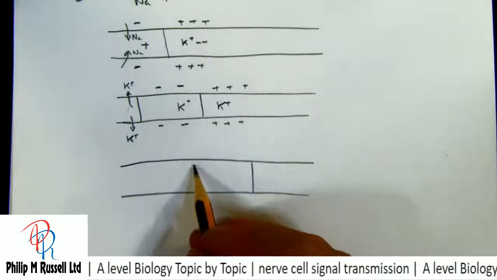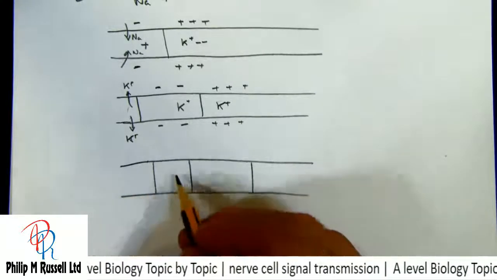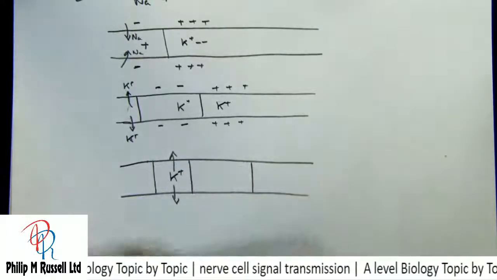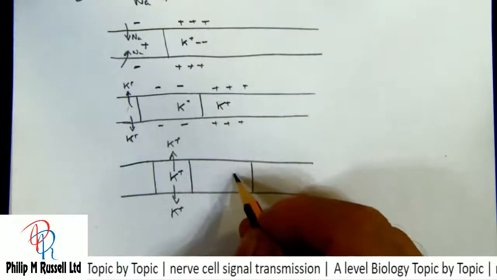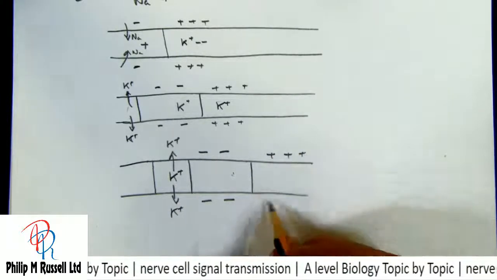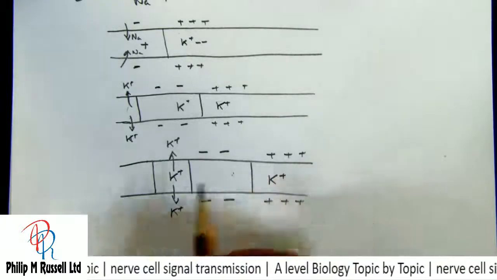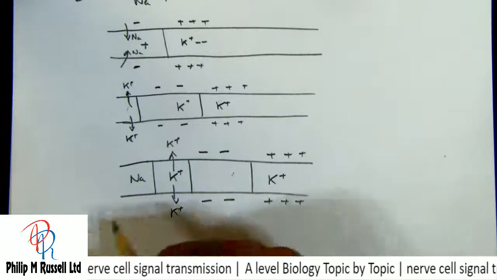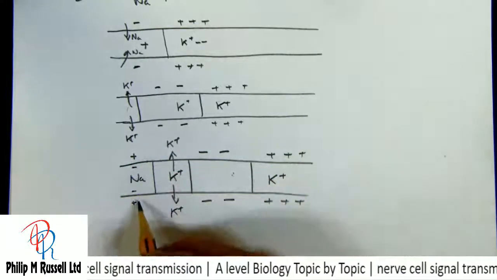So let's look at what's going on. My potential has moved along. I've got a process where my K is going out. I've got quite a lot of potassium out here. This is where I've got negative this side. This still bit here is still resting. And we're starting to get here this system now starting to repolarize.